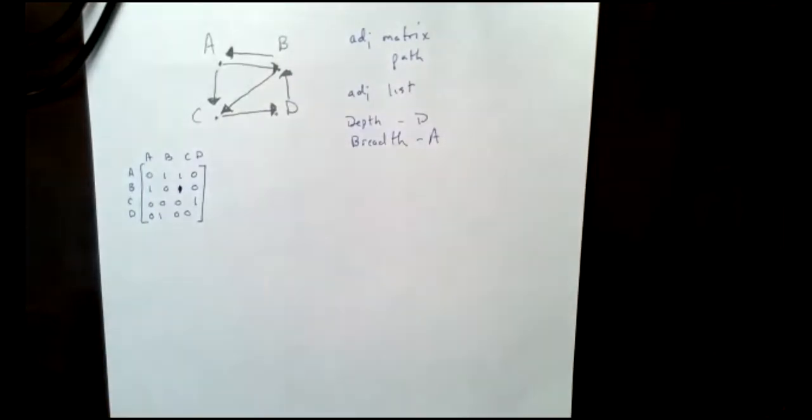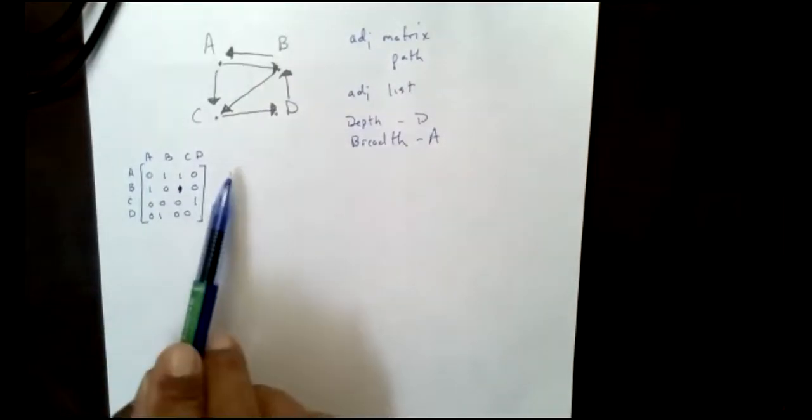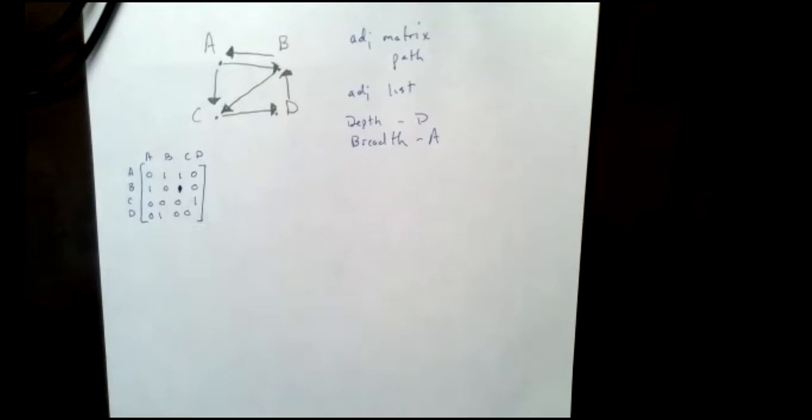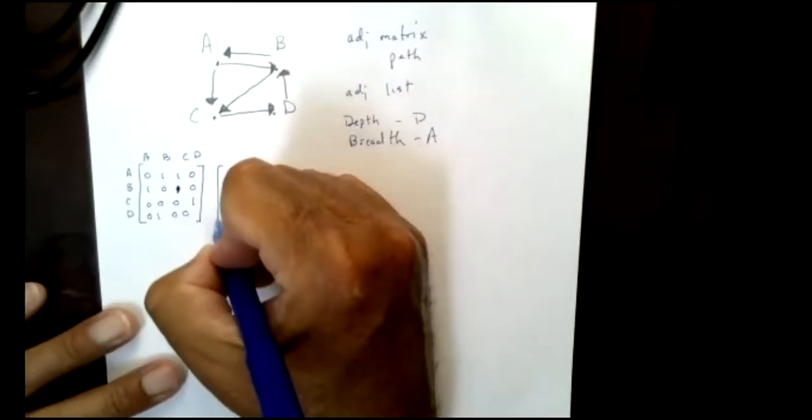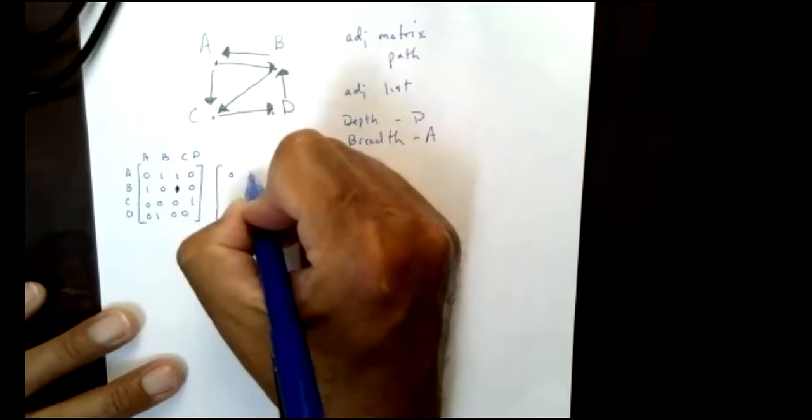That's a 1. Number of edges is 6. Number inside of here is 6. Want to get paths of length 2.